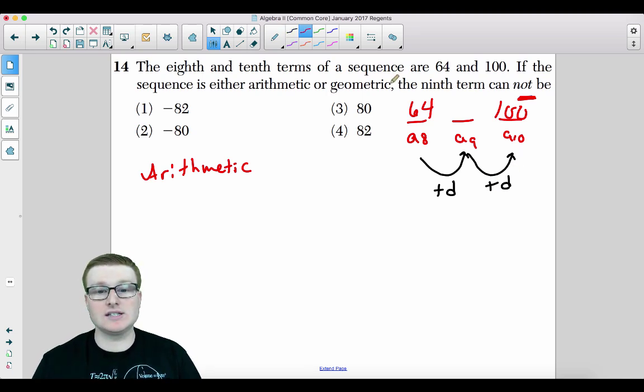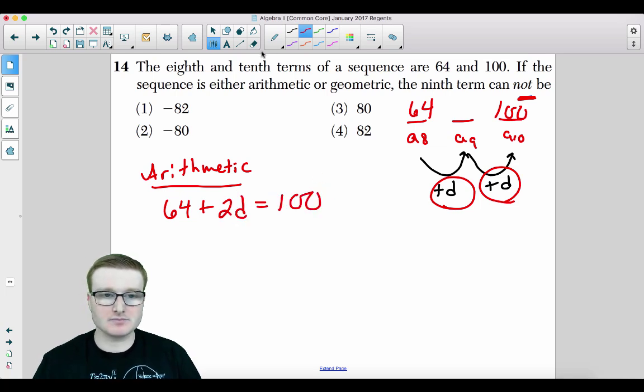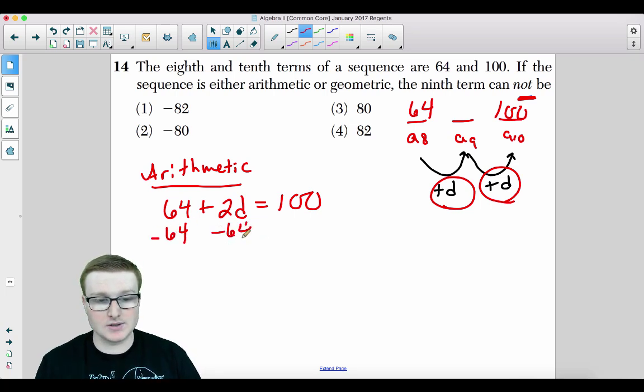Okay, so to solve for the common difference, you take your 64, add 2 d's, and you get 100. This will allow you to solve for the common difference. So subtract the 64 on both sides. You get 2d is equal to 36. Divide by 2 on both sides.